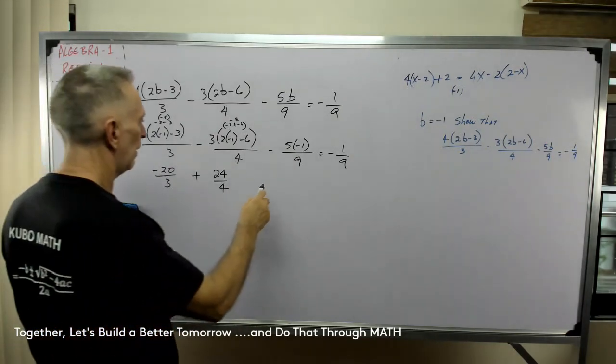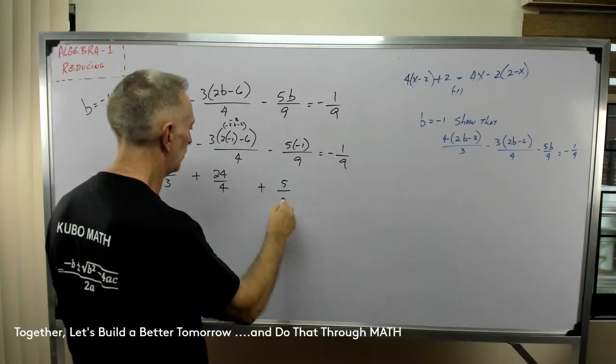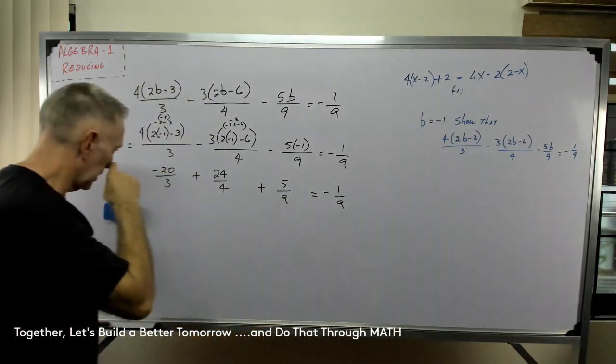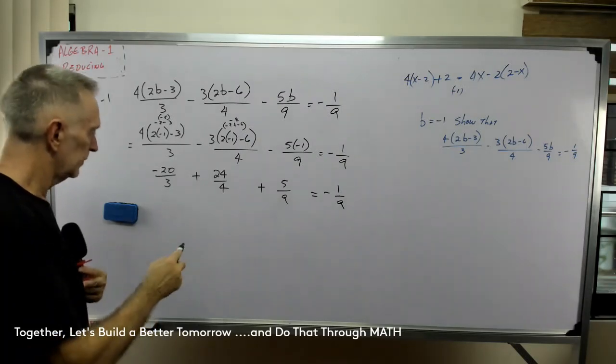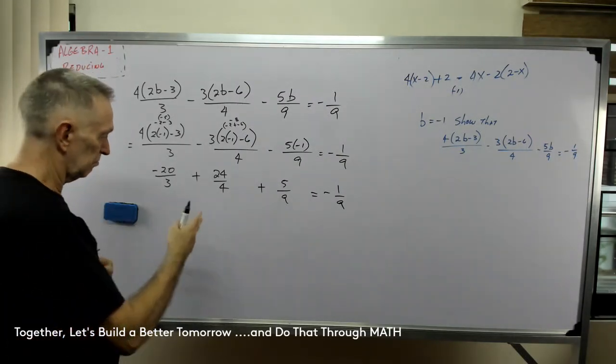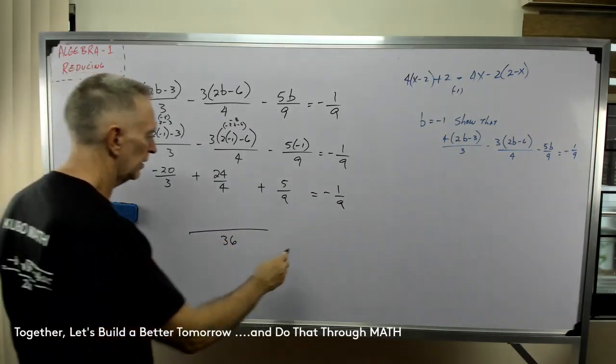Okay? Minus a minus 5, which is plus 5 over 9, equals negative 1 over 9. Whoa, now what? Well, 9, 4, 3, so 36 may be our common denominator here.